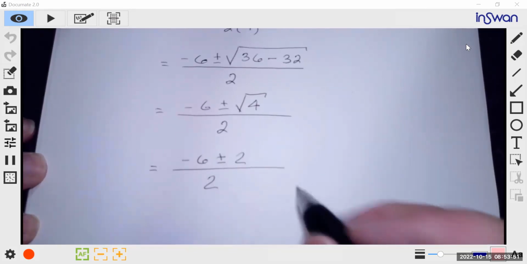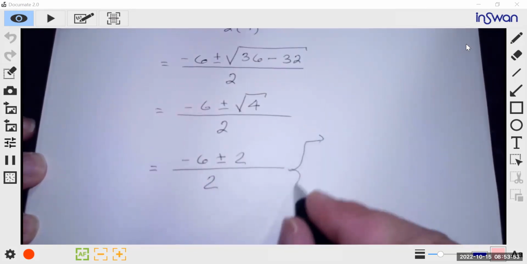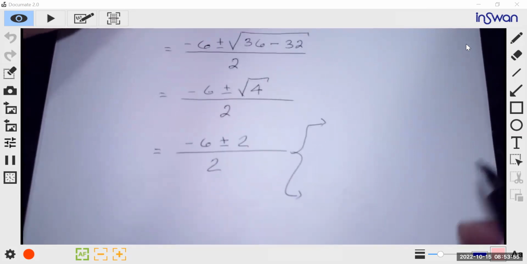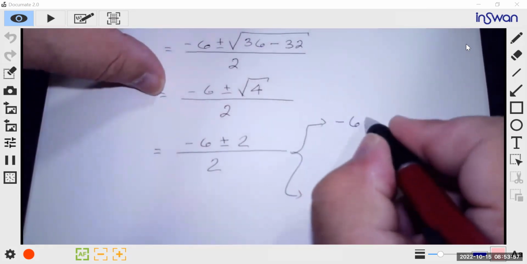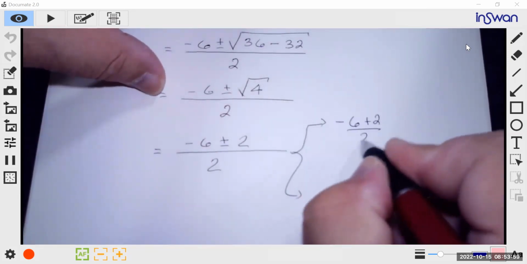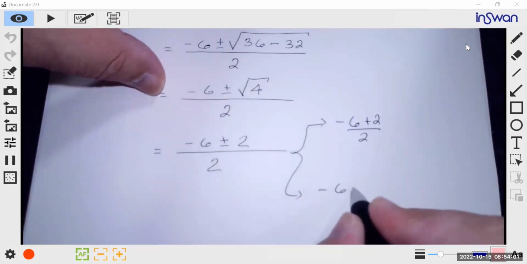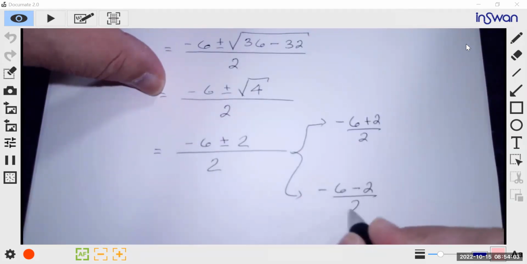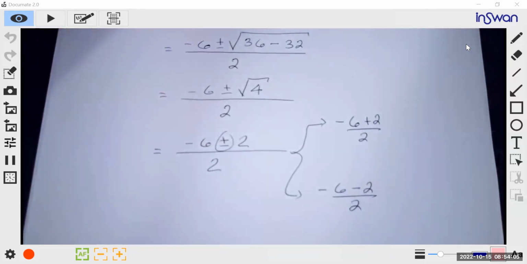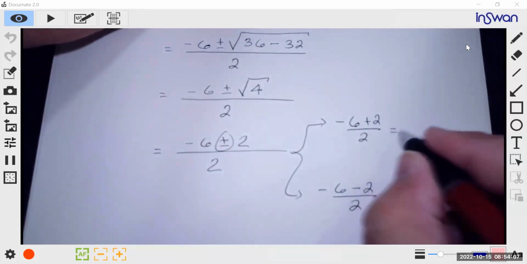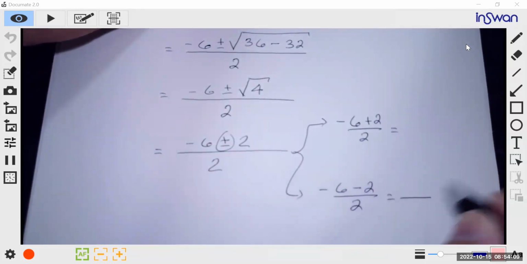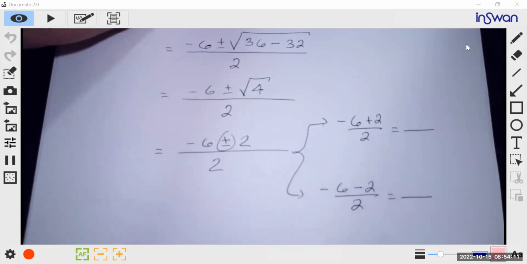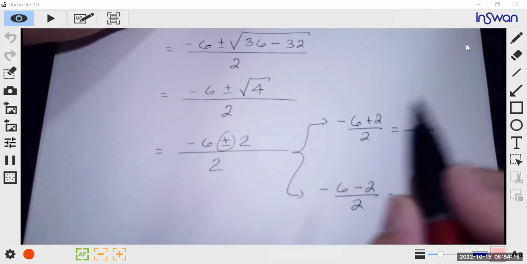Since this came out, we can now solve both of these. We have negative 6 plus 2 over 2 and negative 6 minus 2 over 2. We have a plus or minus to take into consideration, and we work them out.